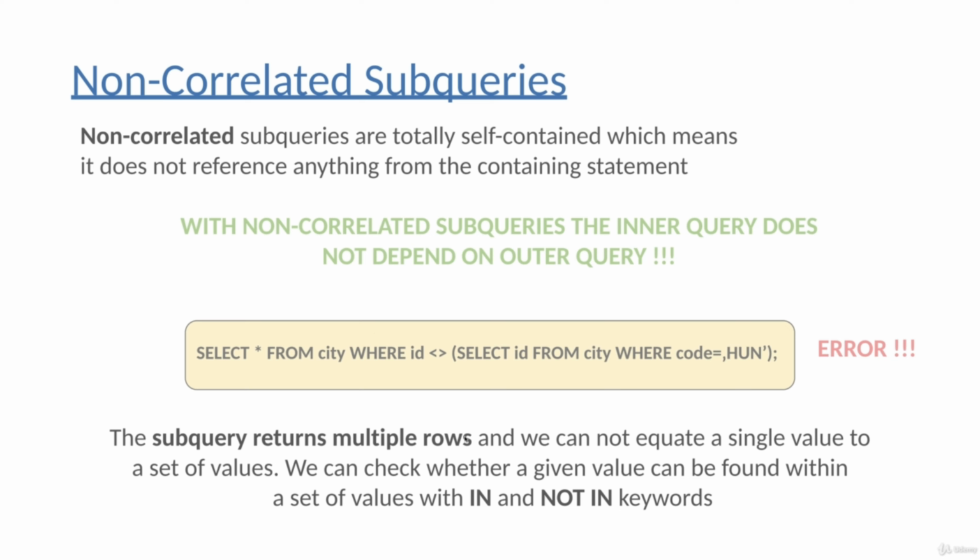Hi, in the previous lecture we have been discussing the basics as far as subqueries are concerned. So in this lecture I would like to show you an example for the non-correlated subqueries, and we are just going to make a very simple query. For example, I would like to select everything, so every single column from the city database table where the ID of that given city is not equal.